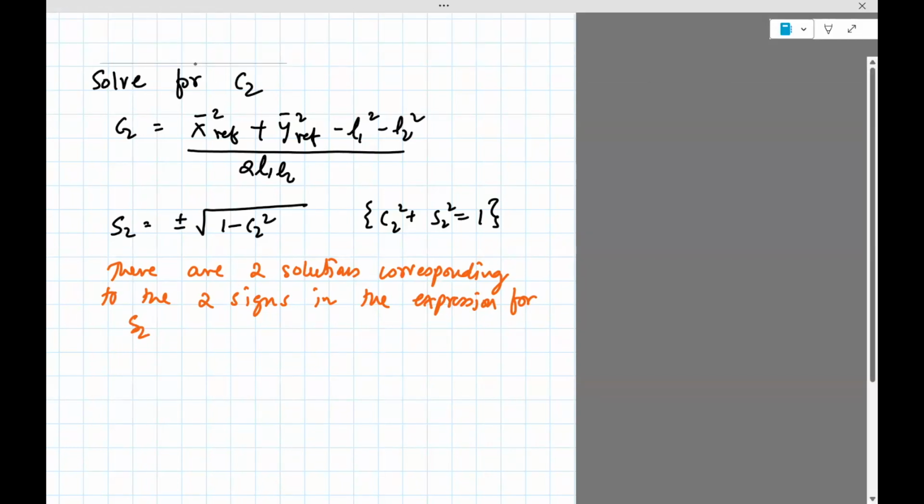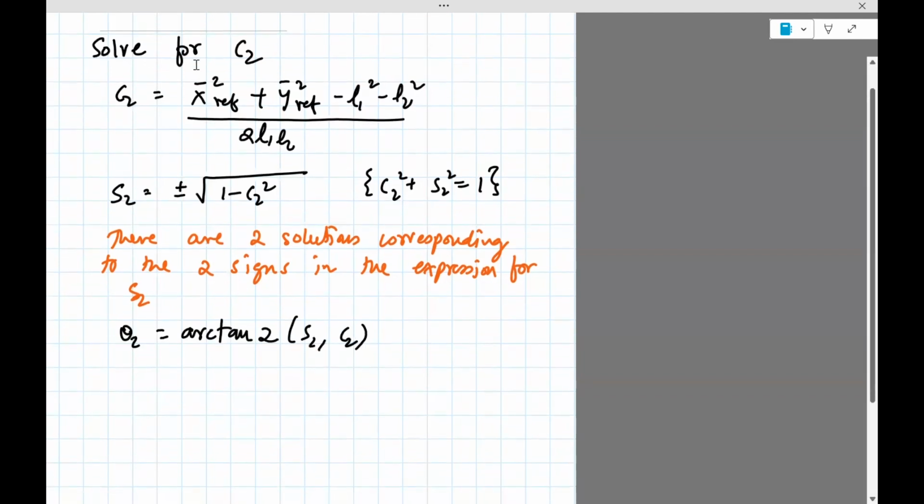Okay, so that's that. But then if you want to find theta 2, you want to use the arctan2 of S2, C2. Don't use arc cosine or arc sine, because arctan2 is a better way. It takes care of the quadrants too.